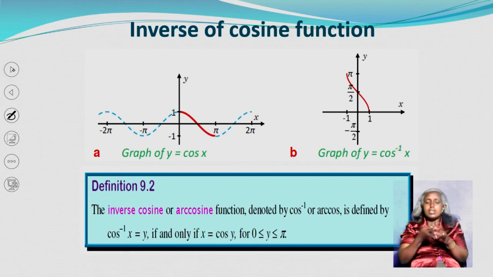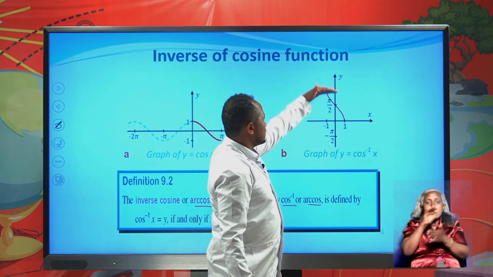The inverse of cosine, or we call this the arc cosine function, is denoted by this symbol, cos inverse or arc cos. It's defined by this: cos inverse of x is equal to y if and only if the value of y ranges between 0 and pi.